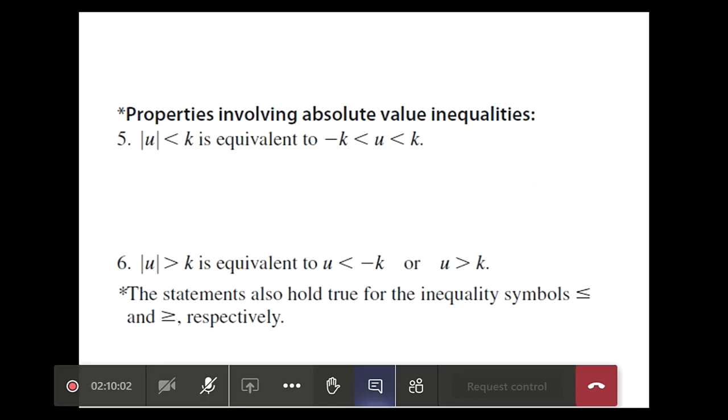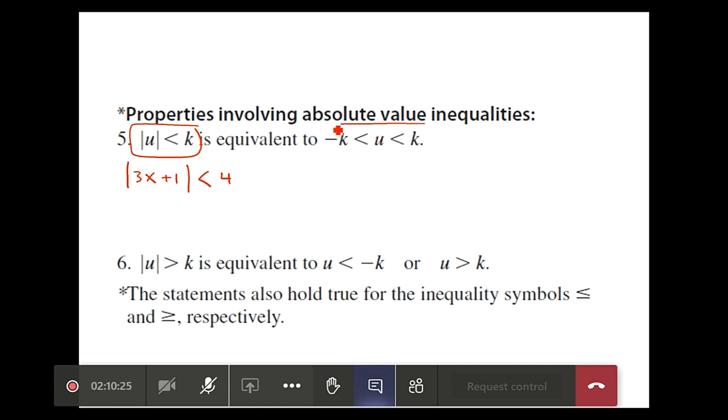Look at this. Sometimes we have absolute value with inequality. For example, 3x plus 1 with absolute value less than 4. What must we do?